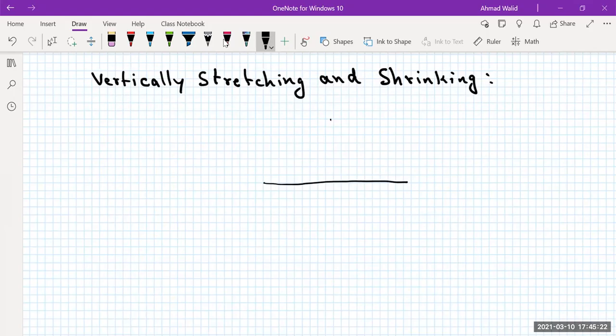For example, if I have a function f of x, correct? Let's draw a function like this. For example, this is function f of x.